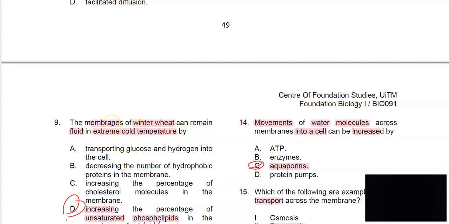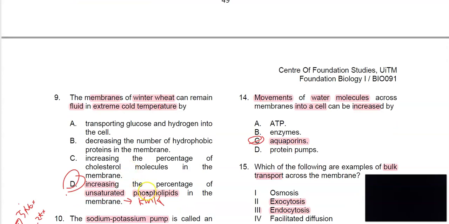In order to prevent the membrane of this plant from solidifying due to really cold temperature, the phospholipid molecules of the membranes have to be made up of unsaturated phospholipid, as the tails of the phospholipid molecule will bend and form kinks due to the presence of double bonds in the hydrophobic tail.